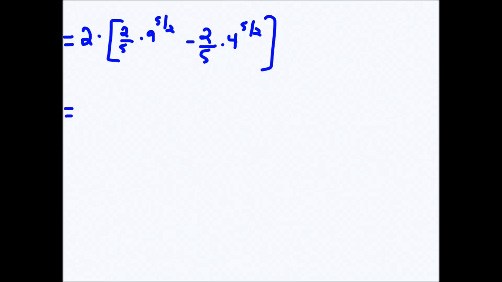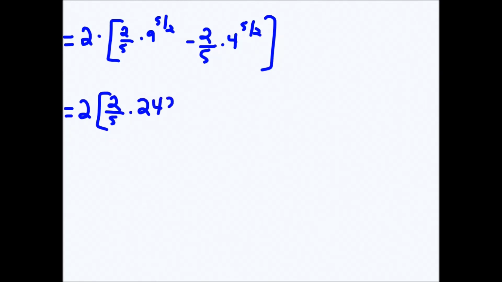Alright, so then from here, we're going to have our 2 on the outside, multiplied by 2/5 times 9 to the 5/2, which is the same thing as 243. And then we subtract 2/5 times 4 to the 5/2, which is 32. So 32.